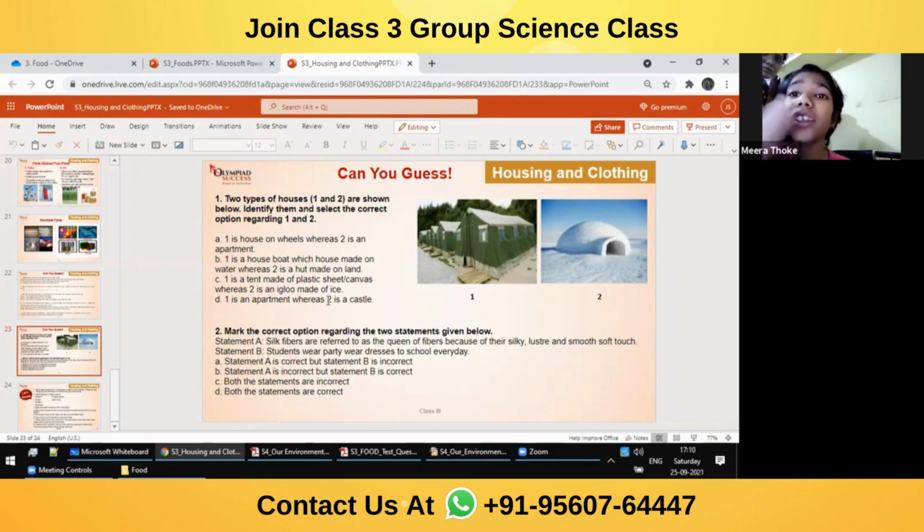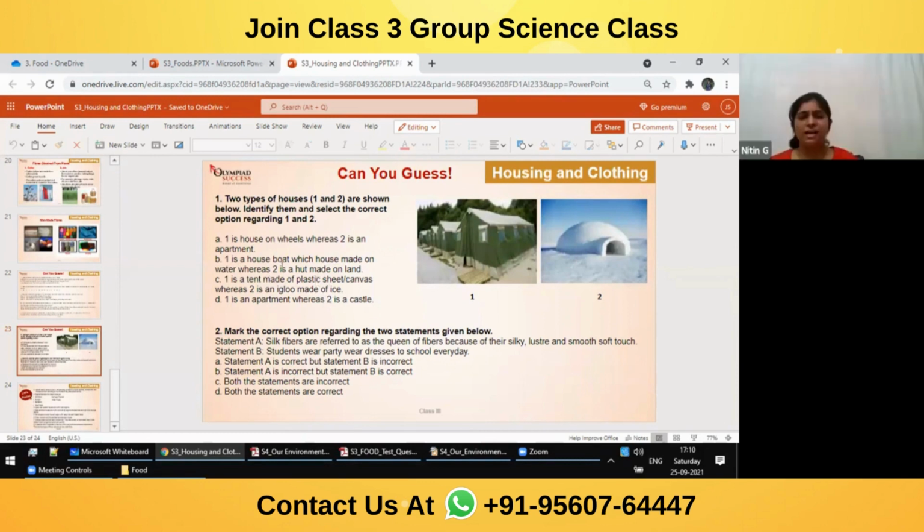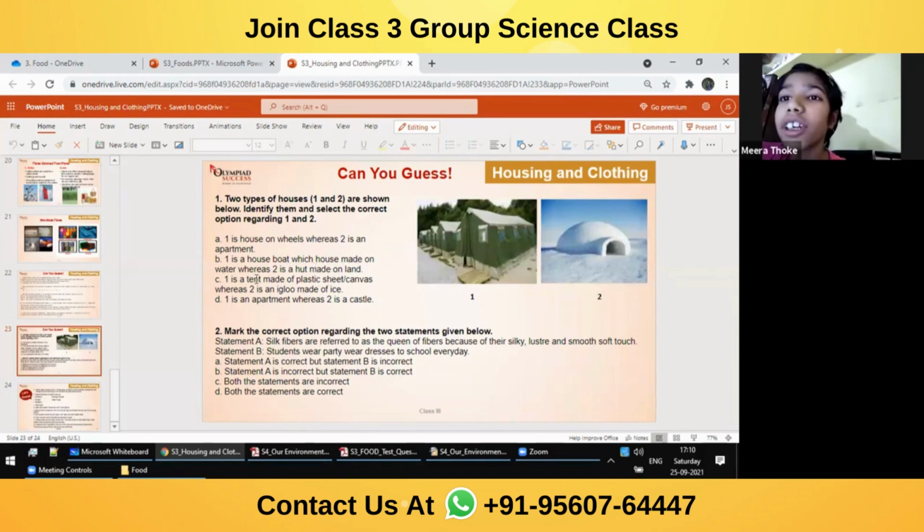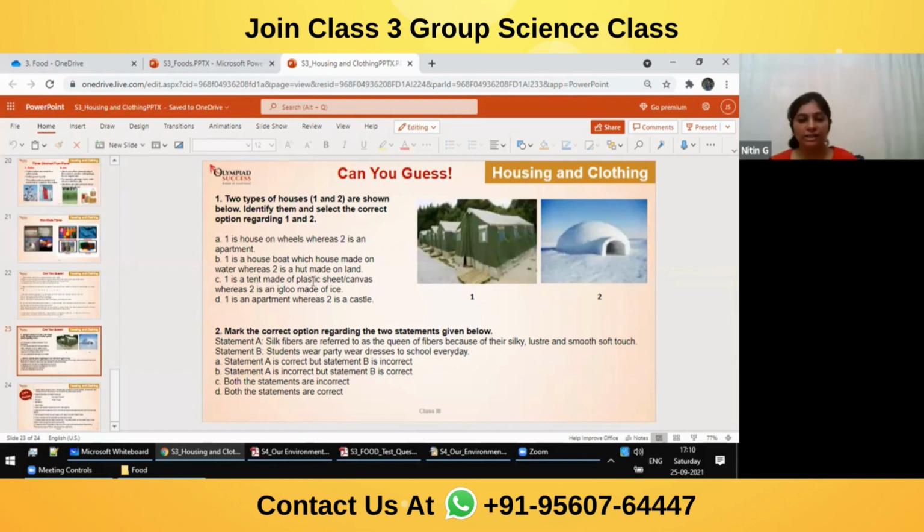B, 1 is a houseboat, which is a house made on water, whereas 2 is a hut made on land.